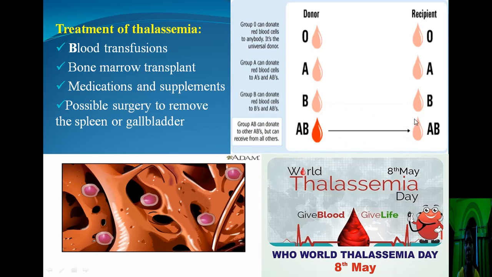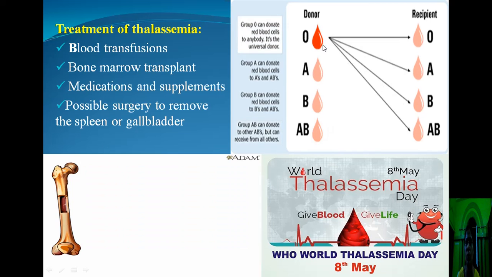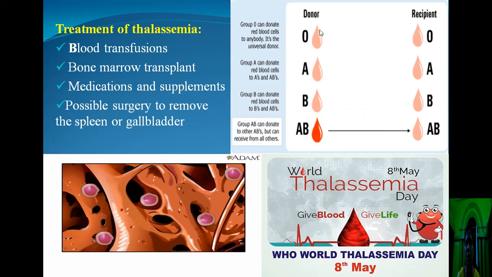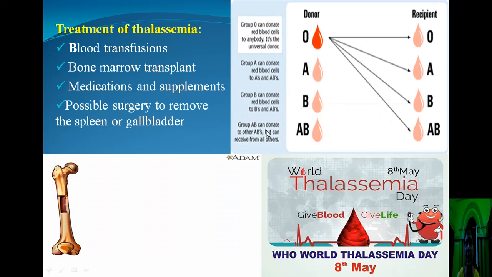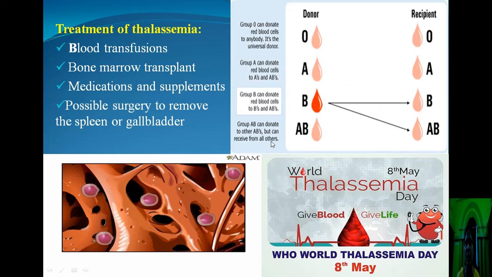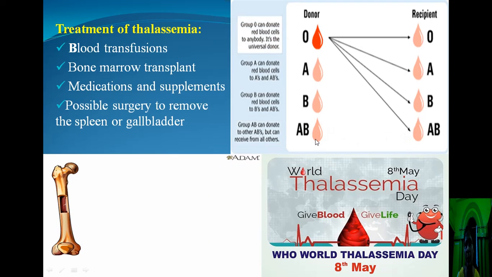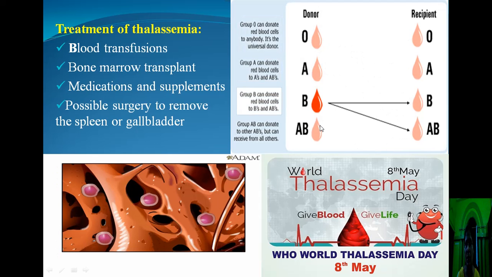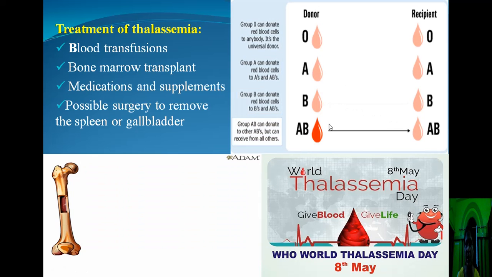So O can give blood to all, and this is known as the universal donor. But group AB can donate to other ABs but can receive from all others. That is known as the universal receiver.